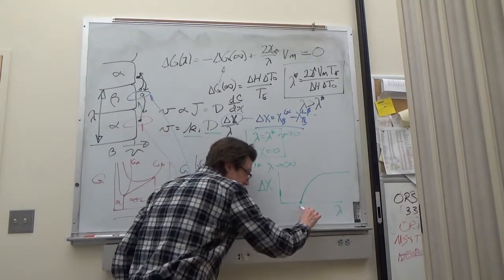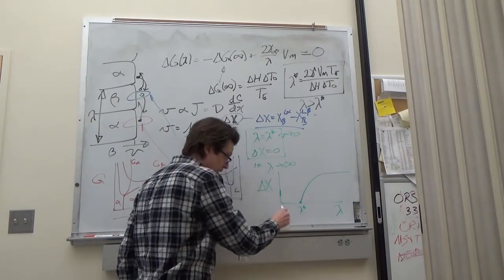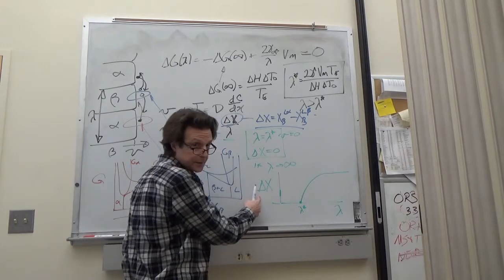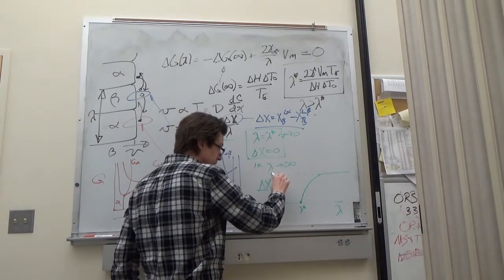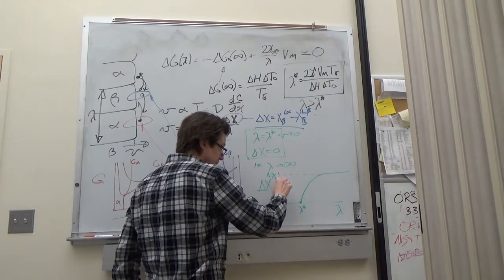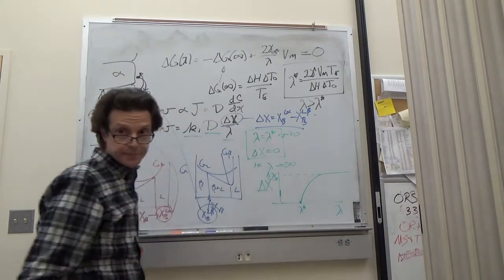So when lambda is equal to lambda star, delta X is equal to 0, and out here it asymptotes to some value that I'm going to call delta X naught.